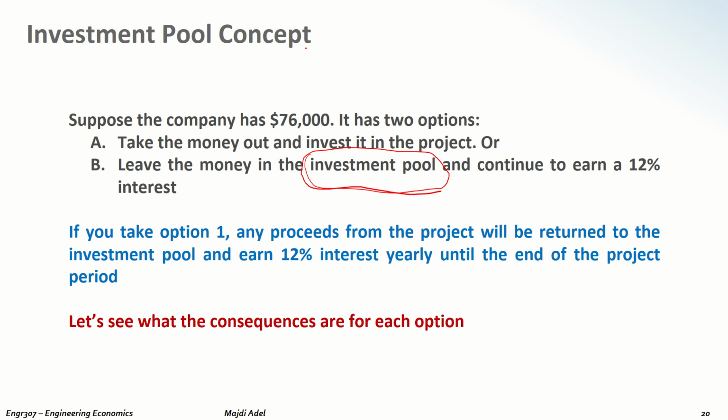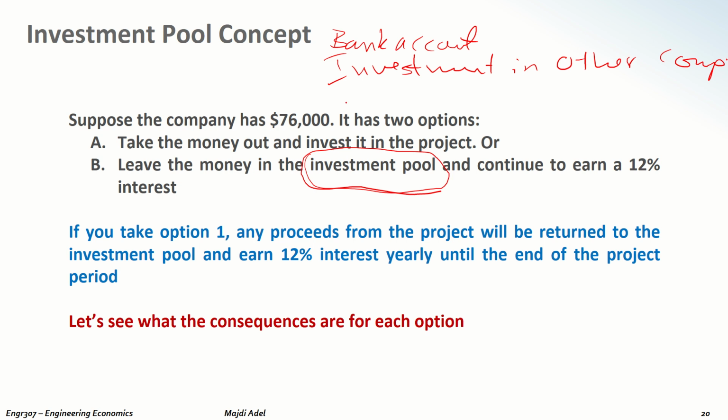It can be a bank account, okay, or it consists of a bank account عند حساب في البنك, its investments in other companies, تمام, its own business, تمام, شركتها الخاصة فيها. هاي كلياتها consist what we call investment pool.